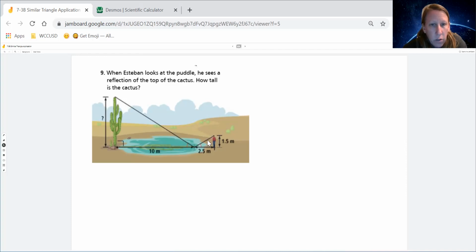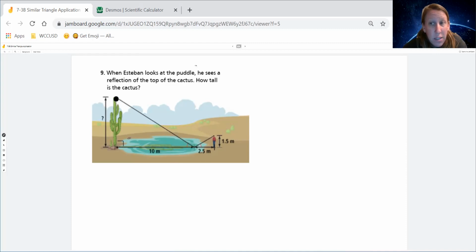The angle that you're looking into this reflective surface, this mirror, is the same as the angle of reflection. It's a little hard to see in this figure, but this angle right here from his eyeballs into this mirror is the same as the angle of reflection.